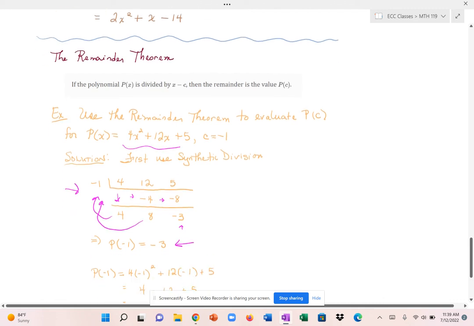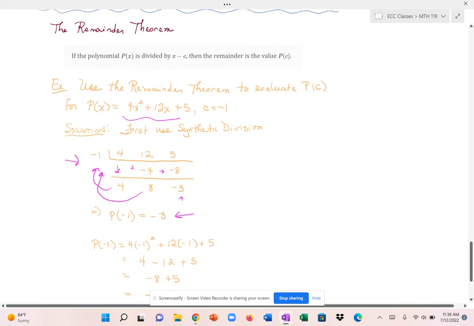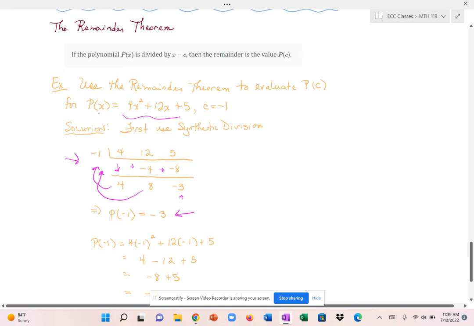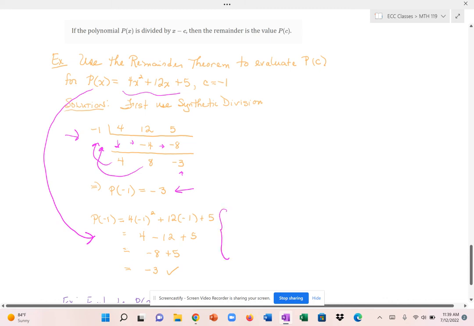Now, I could also find that information by just taking this function, plugging in negative 1 for x, and I should also get negative 3 as an answer. So here I did the work for it. So I have 4 times negative 1 squared plus 12 times negative 1 plus 5. That leaves me with 4 minus 12 plus 5. 4 minus 12 is negative 8, and negative 8 plus 5 gives me negative 3.